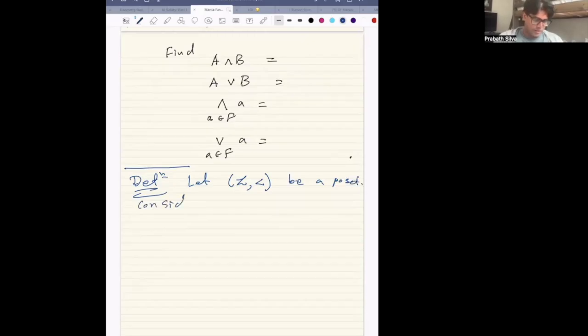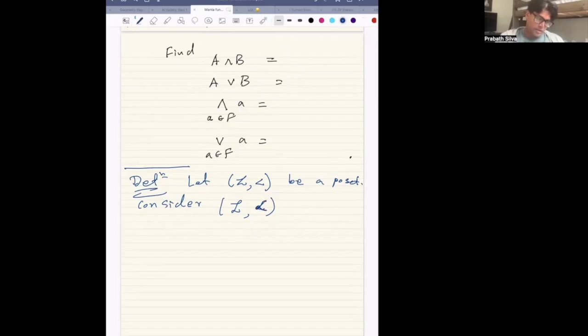I just used the word lattice, but I haven't even defined what a lattice is. Consider this one, call it like that, with a little tilt.